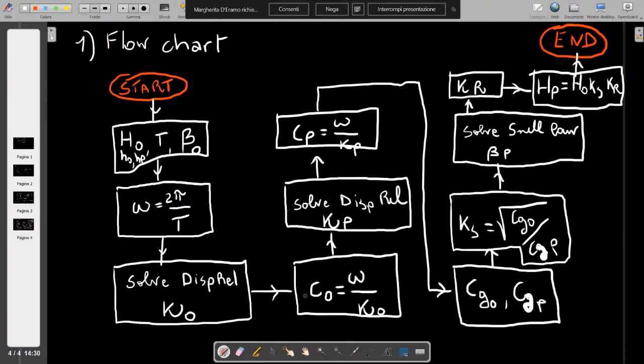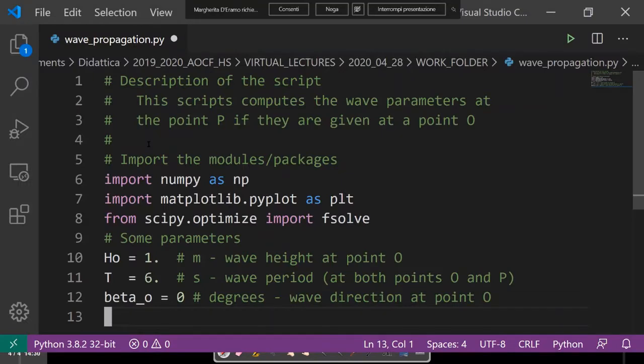We need to define also the water depth at the point located offshore, HO, but also the water depth at the point located inshore.